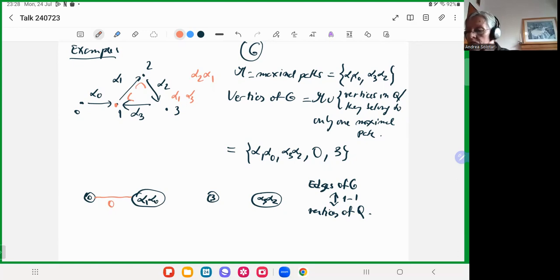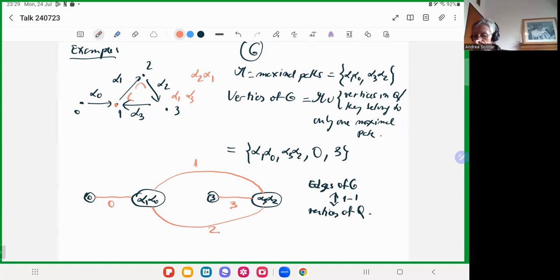So I put here 0, the same here, I put the edge corresponding to the vertex 3, and then what happens with the vertices 1 or 2? Well, the vertex 1 belongs both to the path alpha 1, alpha 0, and to the path alpha 3, alpha 2. So I put it here. And the vertex 2, well, it is the same.